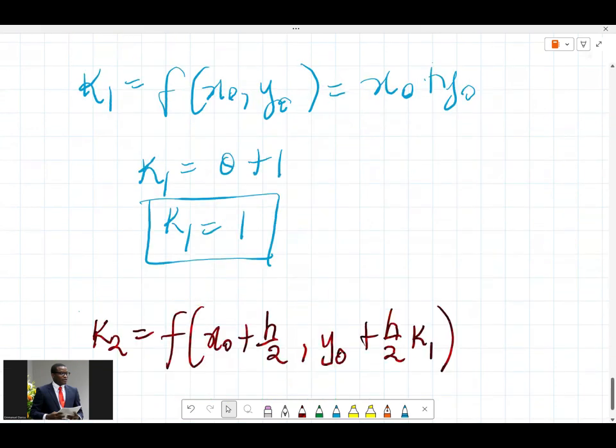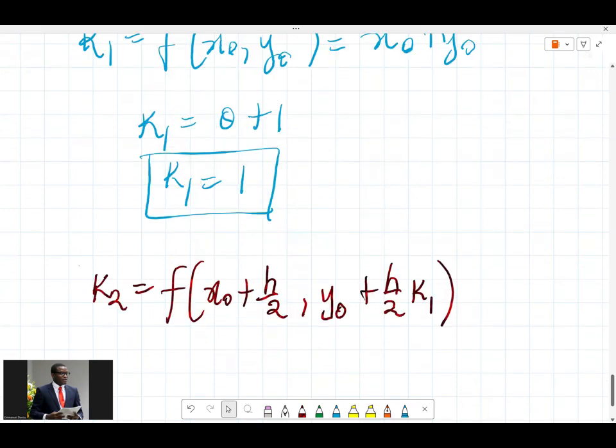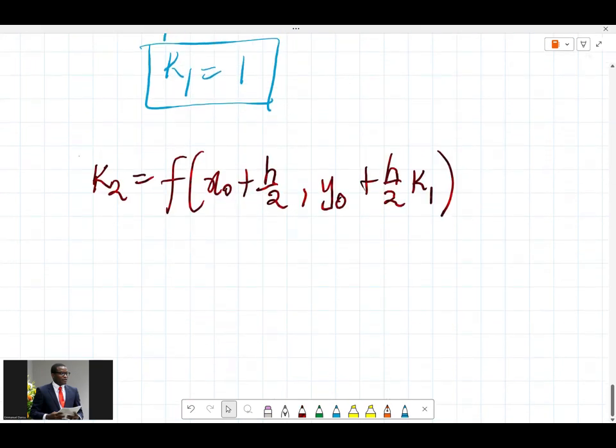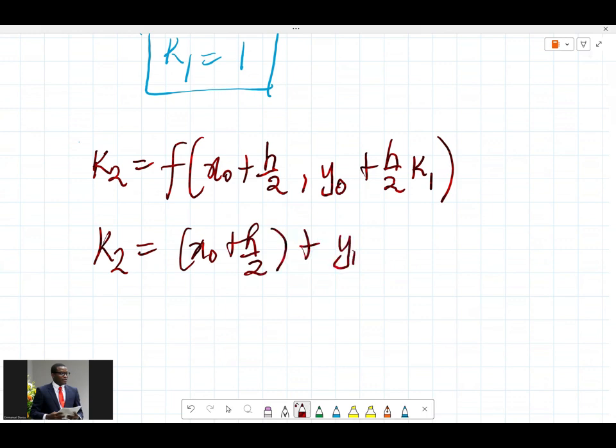So let's put that together, so we can easily put the values in. Since the function is x plus y, k2 will just be x naught plus h over 2 plus y naught plus h over 2 k1.